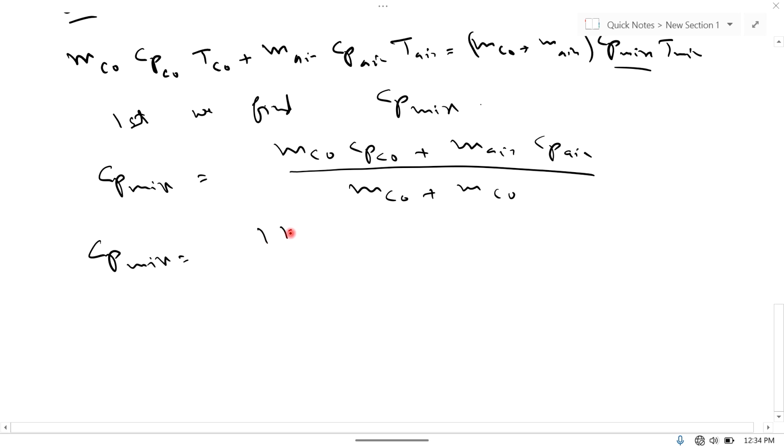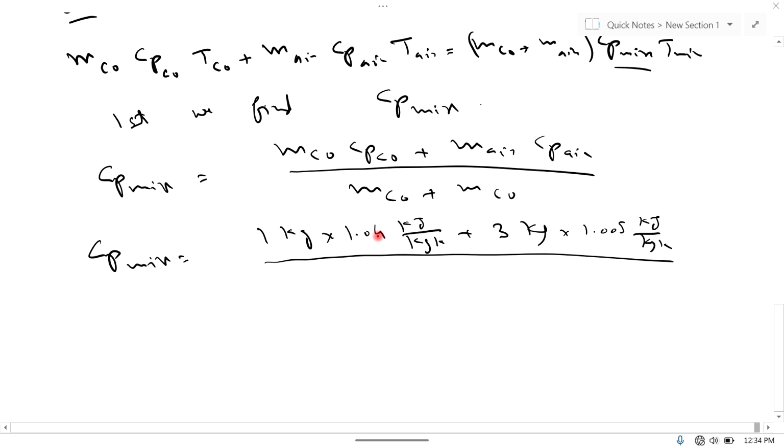Mass of carbon monoxide is 1 kg, Cp of carbon monoxide is 1.04 kilojoule per kilogram per Kelvin, plus mass of air is 3 kg, ratio 3 to 1. So 3 kilogram is of air and 1 kilogram is of carbon monoxide. Cp of air is 1.005 kilojoule per kilogram per Kelvin, divided by mass of carbon monoxide 3 kg plus 1 kg.